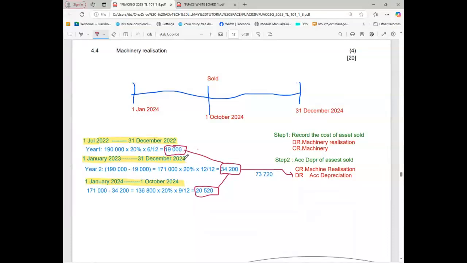Remember, I'm talking about these ones. So it means this will act as the opening balance because they come from the previous year. So this will be the balance of accumulated depreciation. Can you see now?